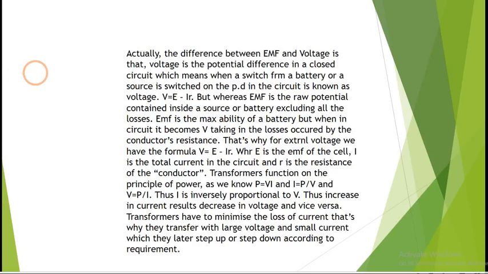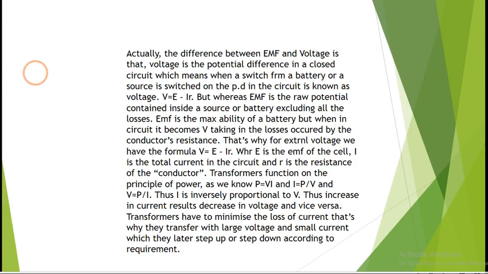Moving towards deeper knowledge, the difference between EMF and voltage is that voltage is the potential difference in a closed circuit, which means when a switch from a battery or a source is switched on, the potential difference in the circuit is known as voltage. V is equal to E minus IR, whereas EMF is the raw potential contained inside a source or battery, excluding all the losses.